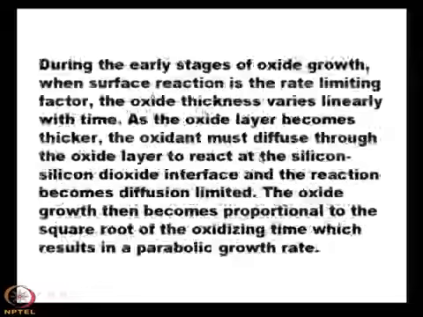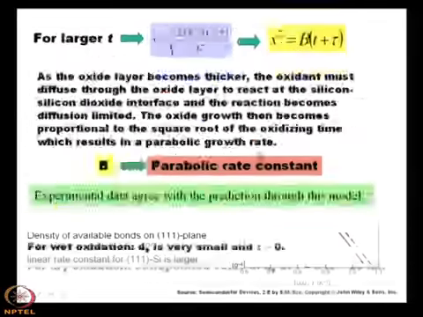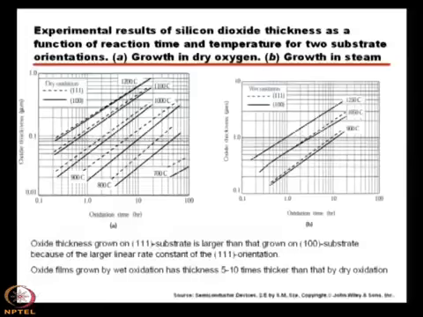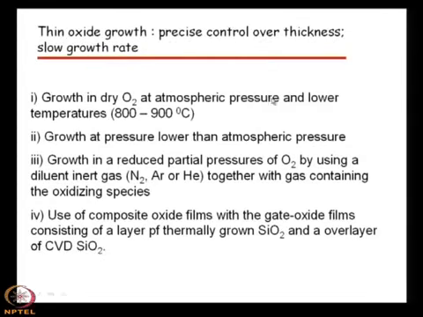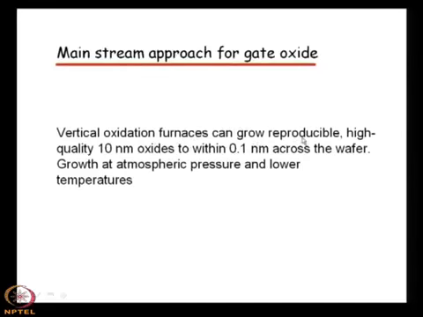So, what we see is that the oxides which are grown in the furnace, that furnace can be a vertical one. A vertical oxidation furnace can grow reproducible high quality 10 nanometer oxides to within 0.1 nanometer across the wafer.